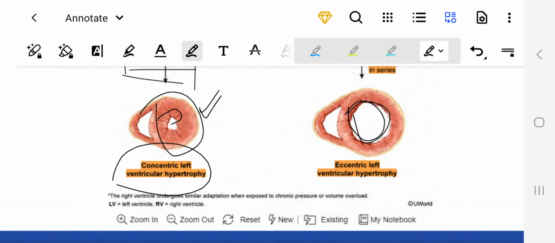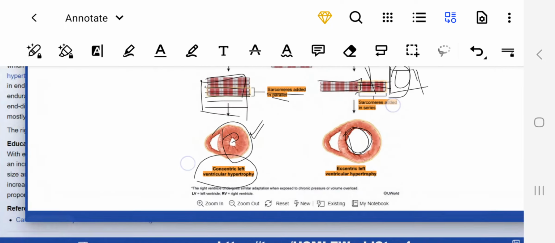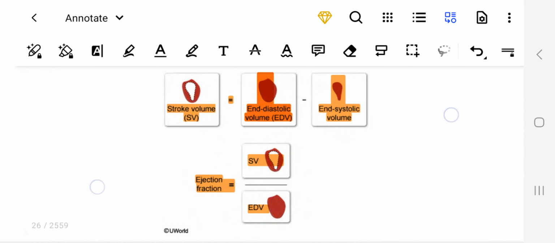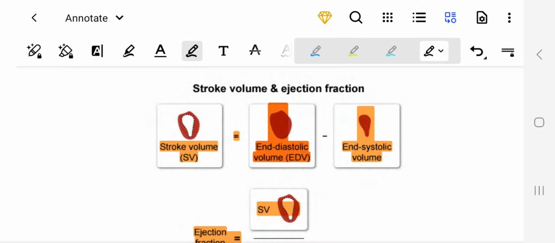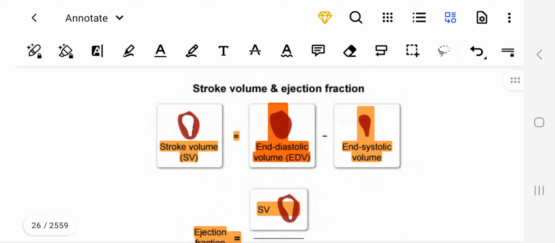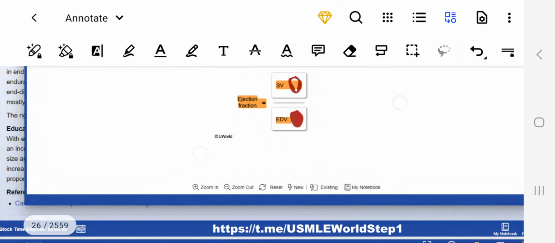Here the cavity size is increased, but little to no change in the wall thickness. We talked about stroke volume, that is equal to end diastolic volume minus end systolic volume. And we talked about ejection fraction, that is equal to stroke volume divided by end diastolic volume.